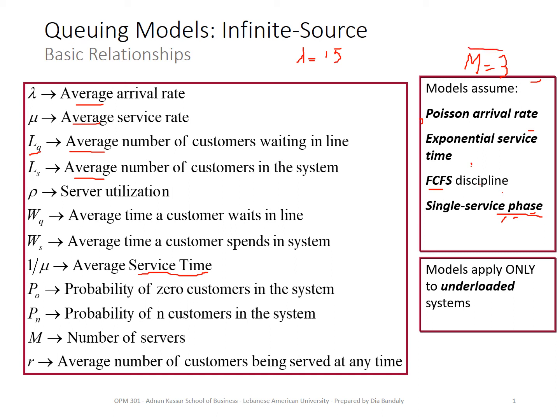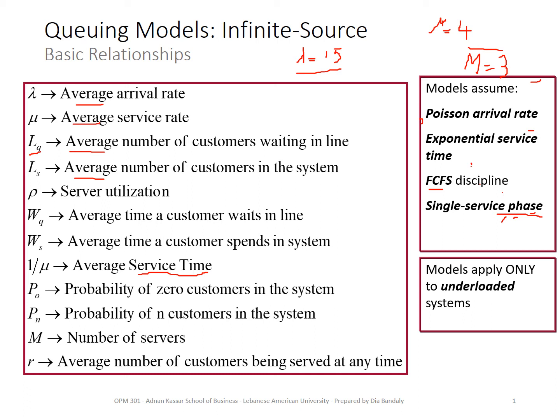Let's say every server can serve 4 customers per hour. So this is mu. So my system capacity is what? It's 4 times 3, 12.